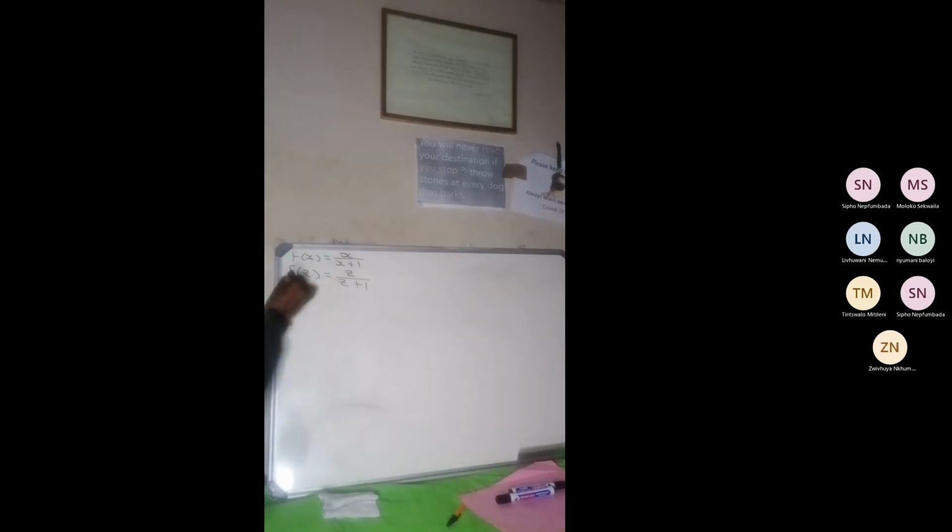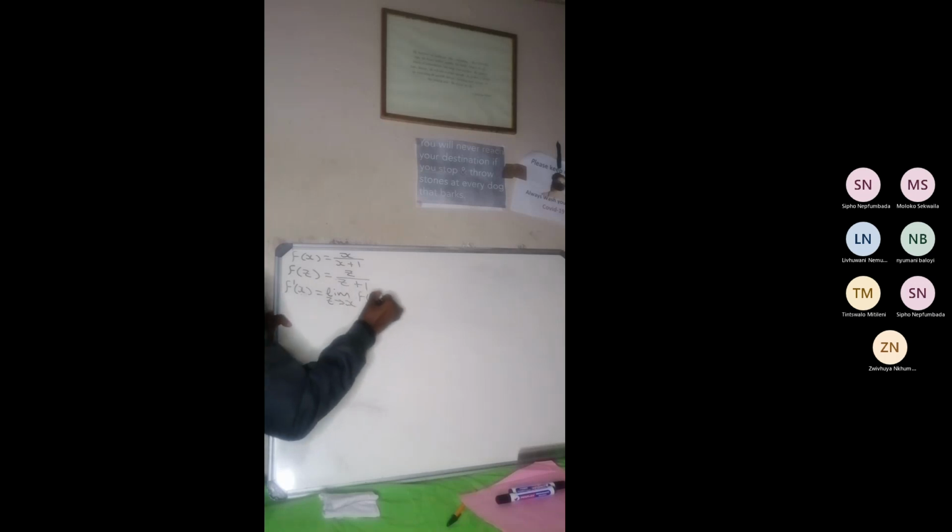Now we wrote the formula: f prime at x is nothing but the limit of z approaching x of f at z minus f at x divided by z minus x.